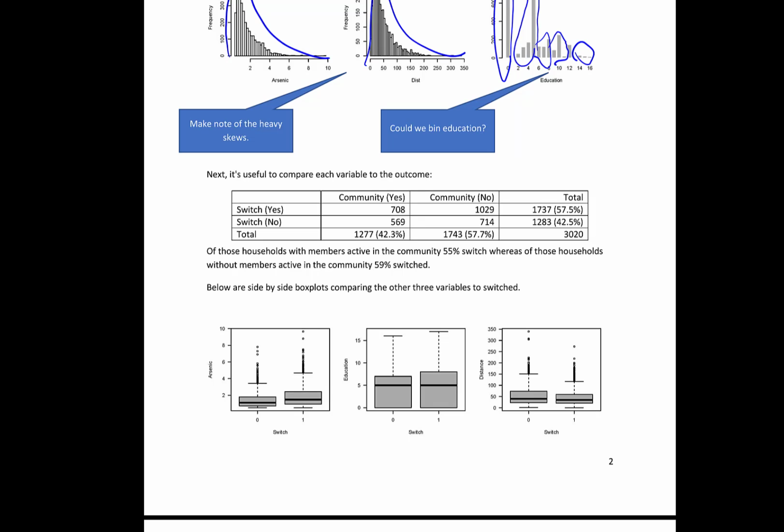So in other words, of those with members active in the community, 55% switched, whereas of those without members active in the community, 59% switched.